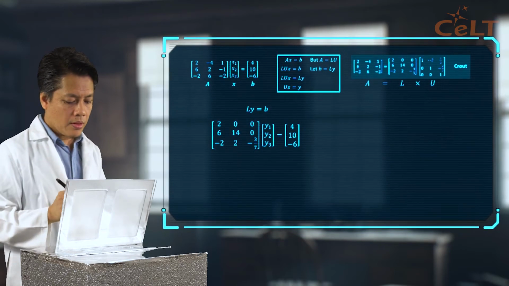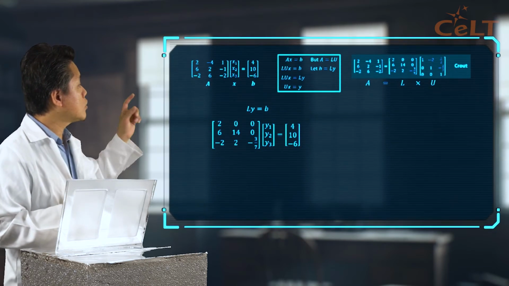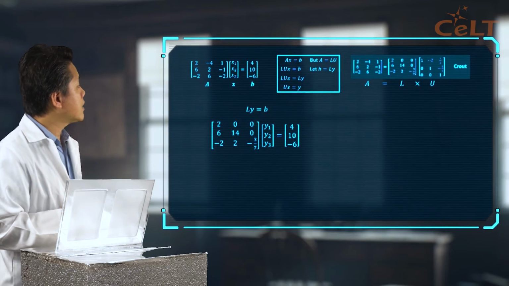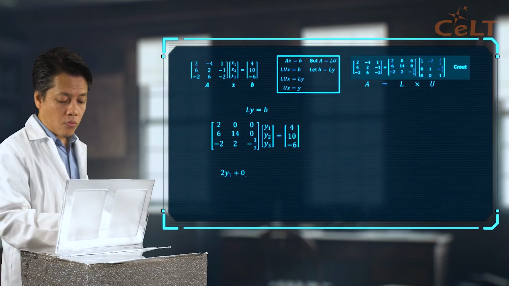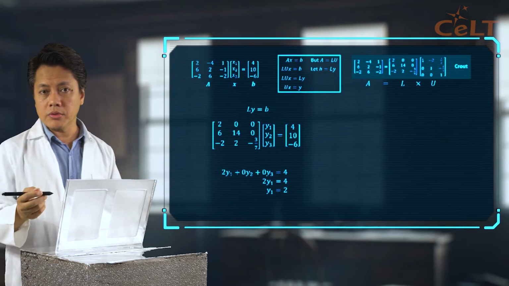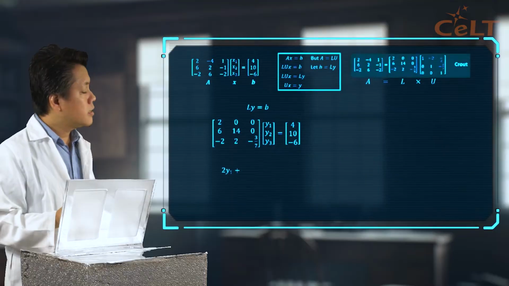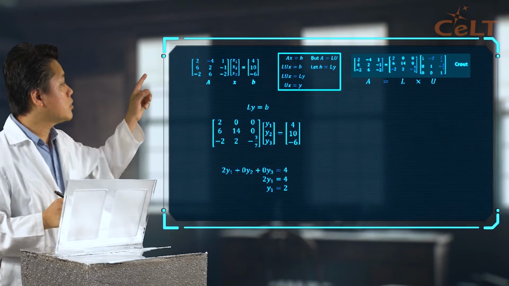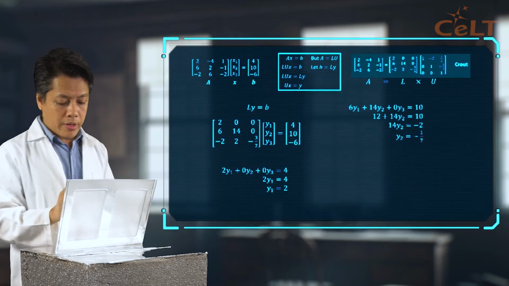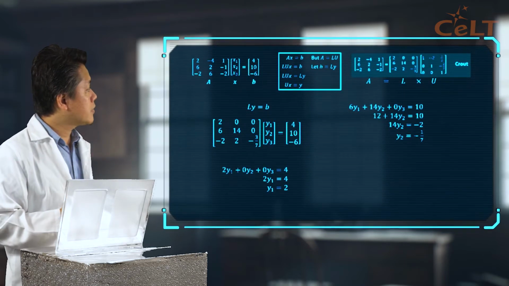So, multiplying the top row of L by that of Y, we get the value of Y1, which is equal to 2. The next one, the second row of L multiplied by Y, gives us an equation of Y1 and Y2. But because Y1 is already known, we get the value of Y2 pretty straightforwardly.